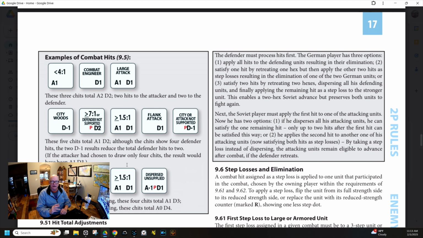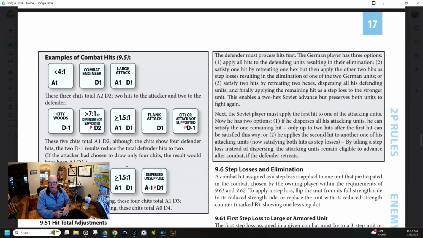The German player has 3 options: 1, apply all hits to the defending units, resulting in their elimination; 2, satisfy 1 hit by retreating 1 hex, but then applying the other 2 hits as step losses, resulting in the elimination of 1 of the 2 German units; or 3, satisfy 2 hits by retreating 2 hexes, dispersing all the defending units, and finally applying the remaining hit as a step loss to the stronger unit. This enables a 2-hex Soviet advance, but preserves both units to fight again.